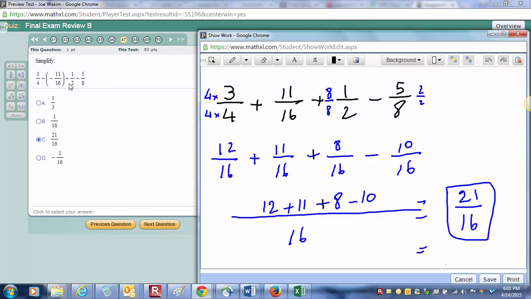To change this to 16, multiply up and down by 8, so that's 8 over 16. And to change this to 16, multiply up and down by 2, that would be 10 over 16. So everything is positive except the last term, so we can add 12 plus 11, 23 plus 8, 31. 31 minus 10, 21 over 16, final answer.